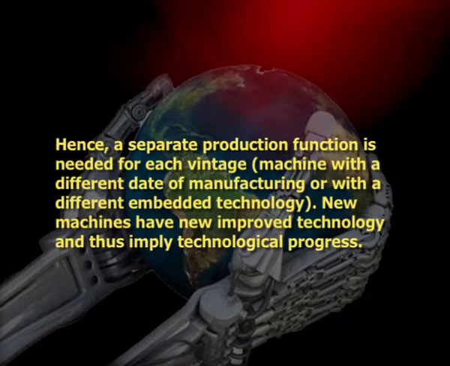Hence, all machines made on different dates have different capacity to produce and hence cannot be aggregated as one single measure of capital. Hence, a separate production function is needed for each vintage, that is, machine with a different date of manufacturing or with a different embedded technology. New machines have new improved technology and thus imply technological progress.